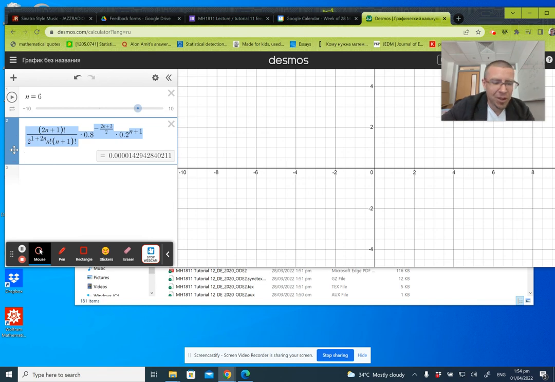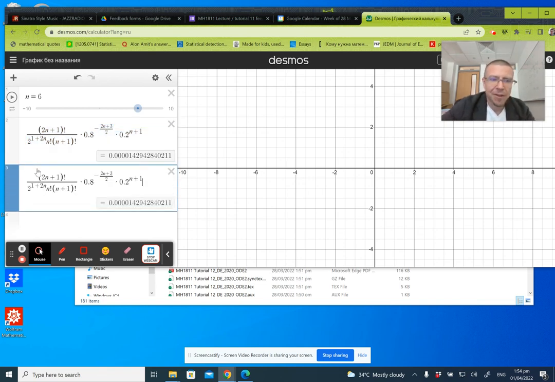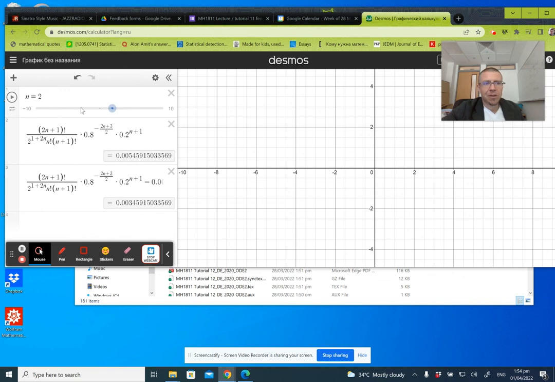Essentially this is the error itself, and if you wonder whether this is less than 0.02, you can subtract it and change the slider here and look at when this number becomes negative. When n is 2, this number is still positive, but when it's 3, this number is negative. So which means that 3 terms are sufficient.